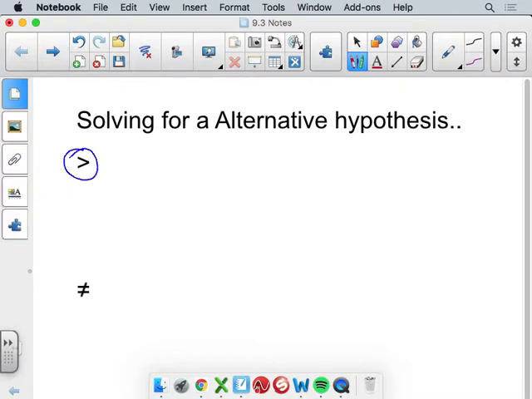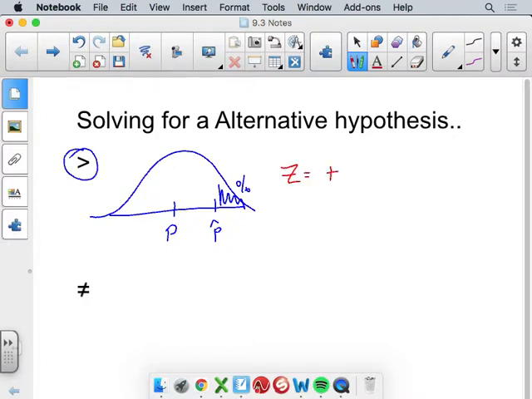So let me just draw a picture of it. So here's your null hypothesis, here's your p hat or whatever, and we're trying to solve for this percent. When you got the z-score for this, you're going to get a positive number.